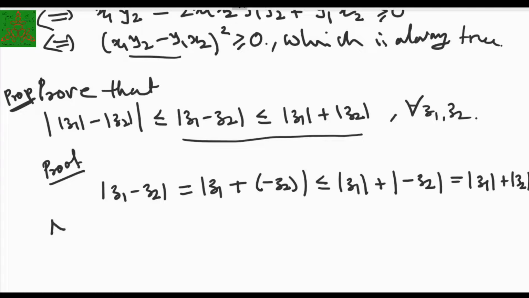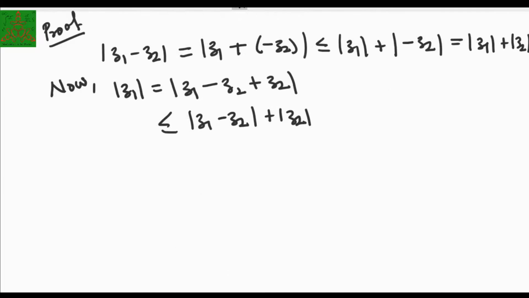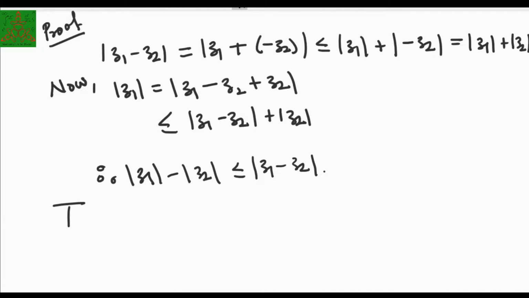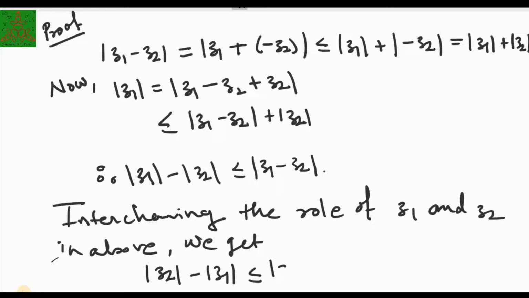Now for the other inequality, we will start with z1. I am subtracting and adding z2 here. By triangle inequality we can write this as mode of z1 minus z2 plus mode of z2. Now interchanging the roles of z1 and z2 in the above, we get mode z2 minus mode z1 less than or equal to mode of z2 minus z1.